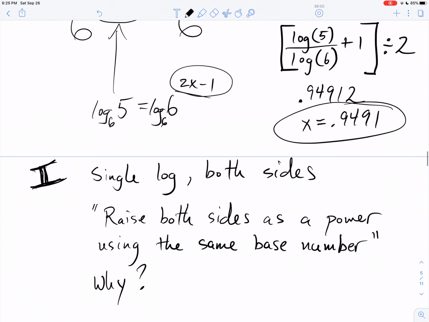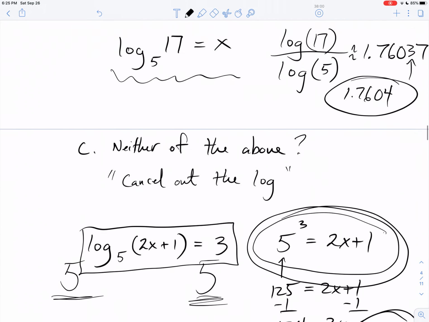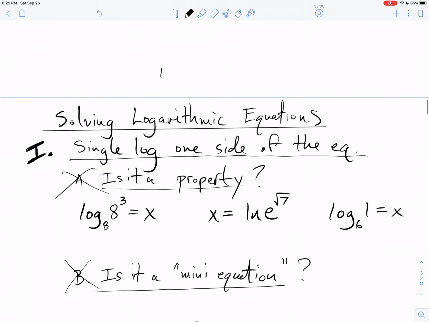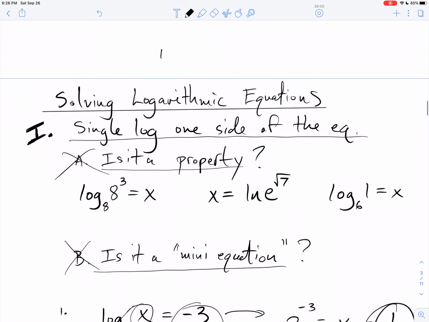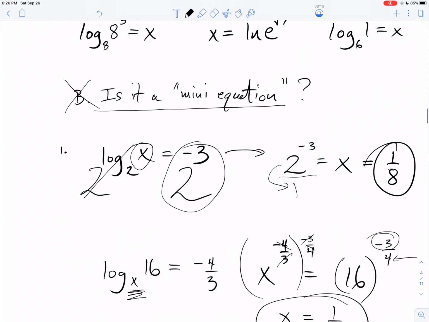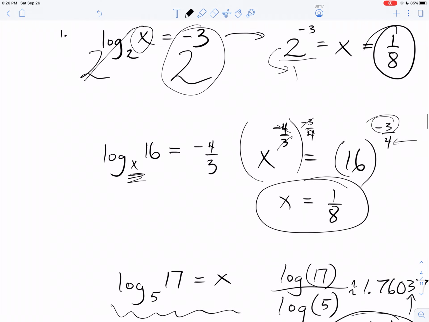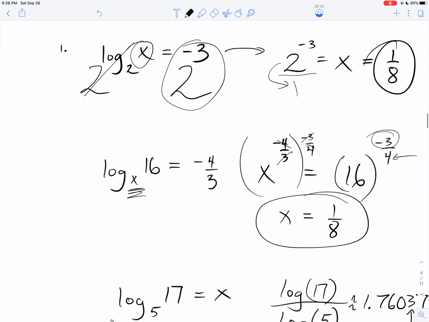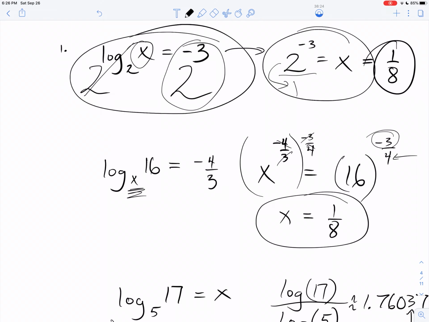And then, of course, we started back here with, sometimes it's just a property you're staring at. Sometimes it's a mini equation you're staring at. And if it's a mini equation, you're either going to convert it with this technique or convert it by doing base stays to base flip-flop.